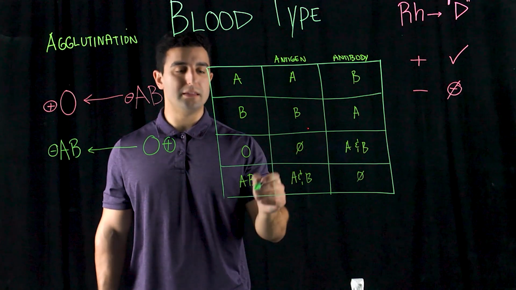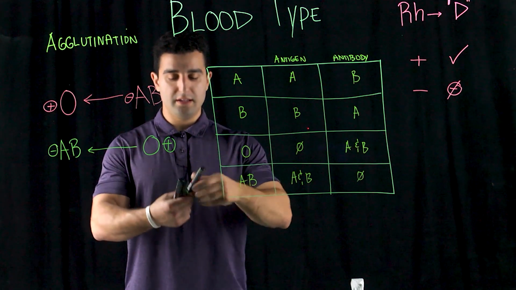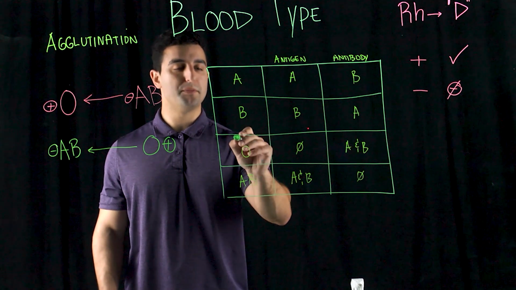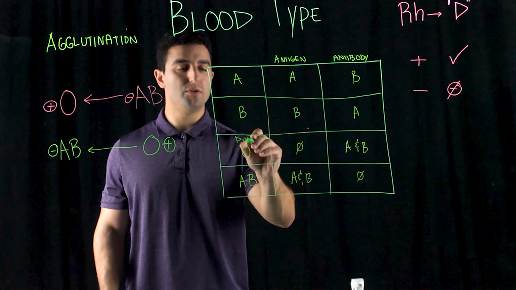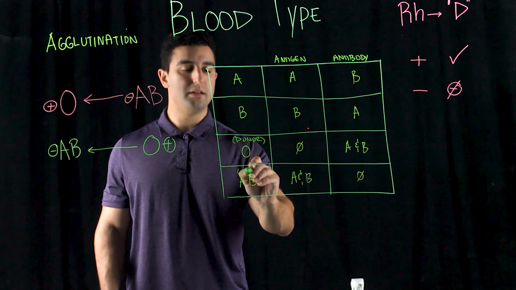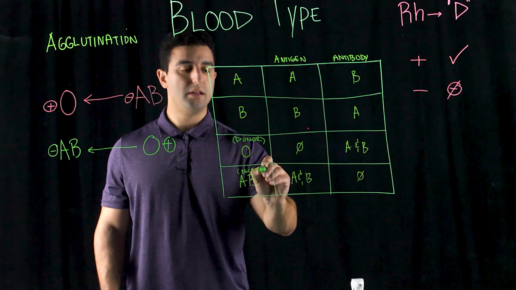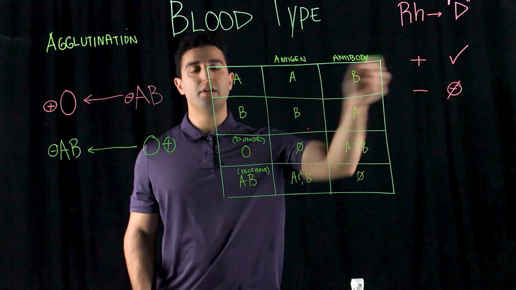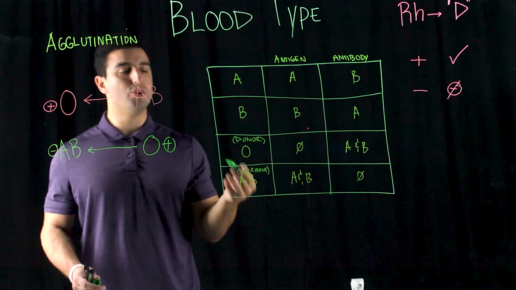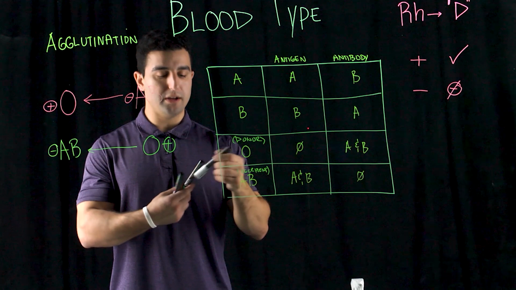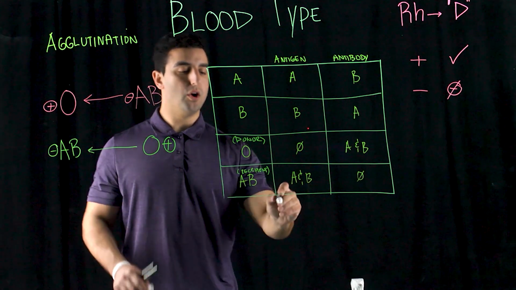So if I were to rewrite this, we already wrote before that O was the universal donor, and we said that AB is the universal recipient, right? So in actuality now, because we have the Rh factor, it's important. What is the true universal donor? What is the true universal recipient? So the true universal donor actually now is O negative.